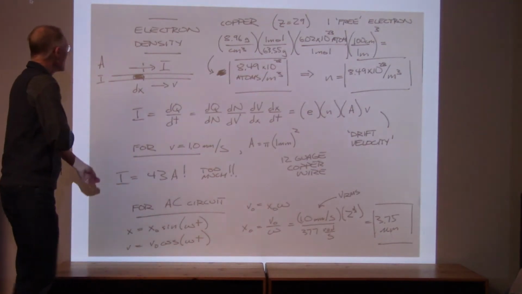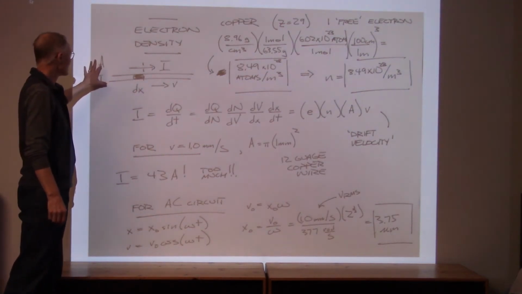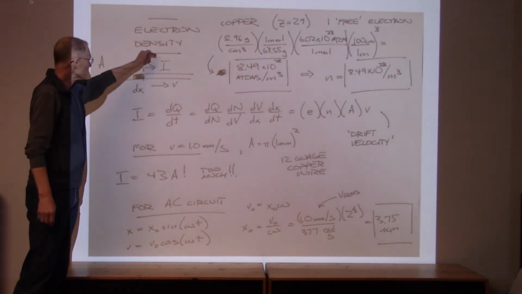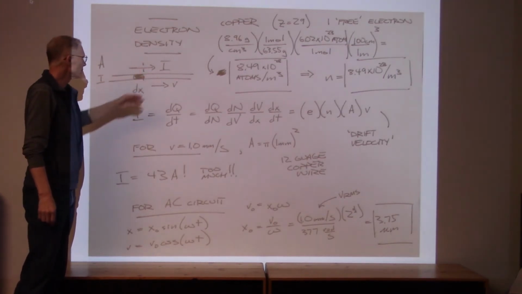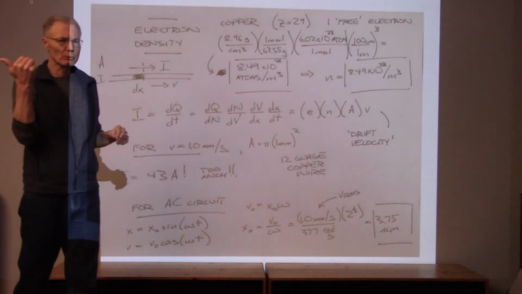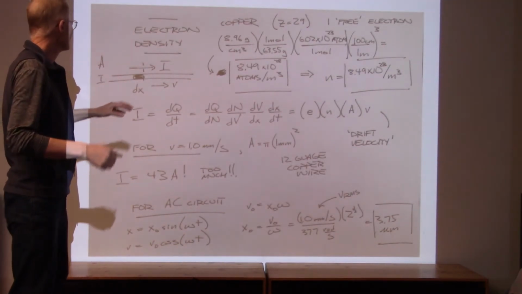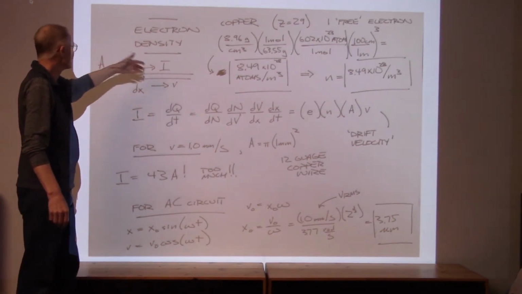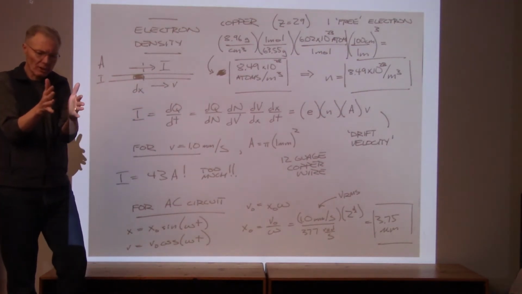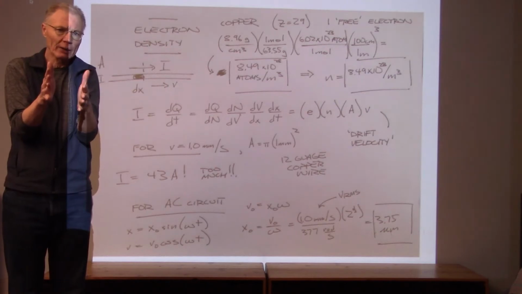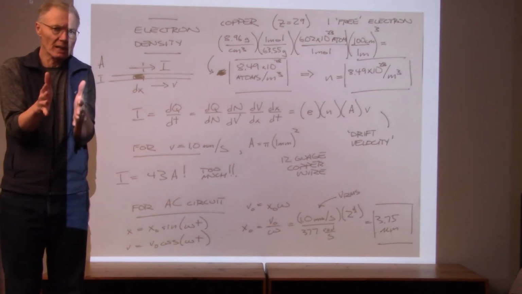Here's a wire with cross-sectional area. Current is going through my wire. I've got these electrons. Now the electrons are actually moving the other direction, but I drew the v thinking in terms of current. Let's say we section off a little part of that wire and call that length dx.